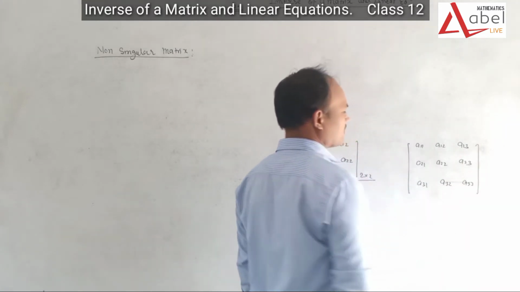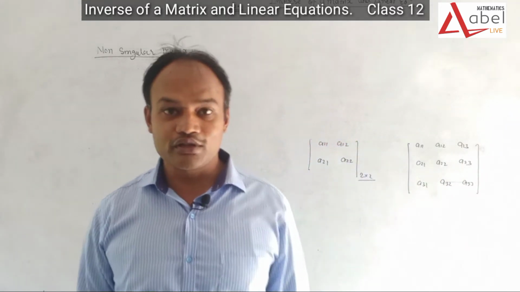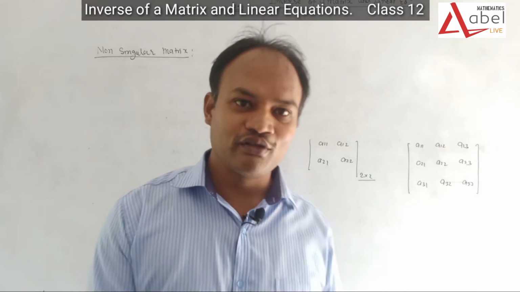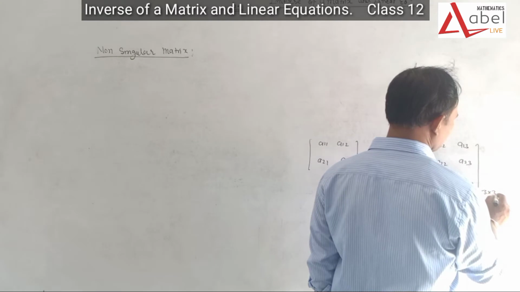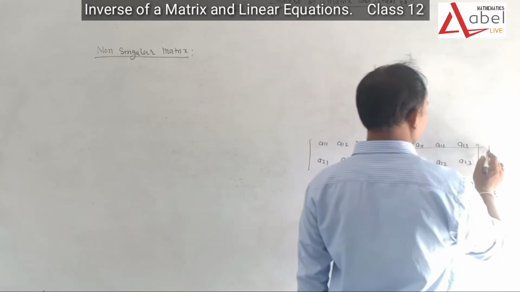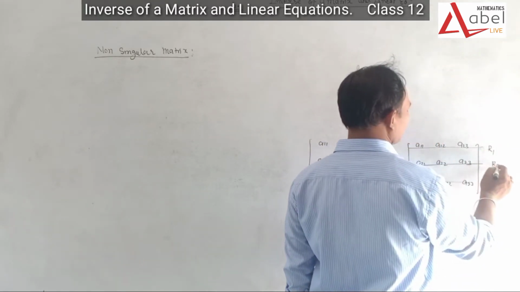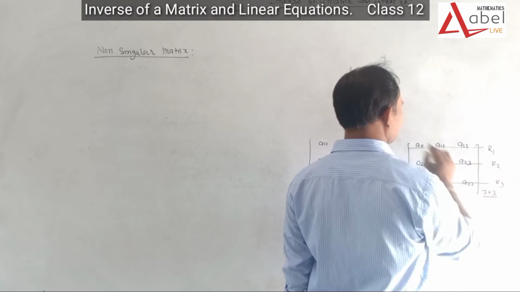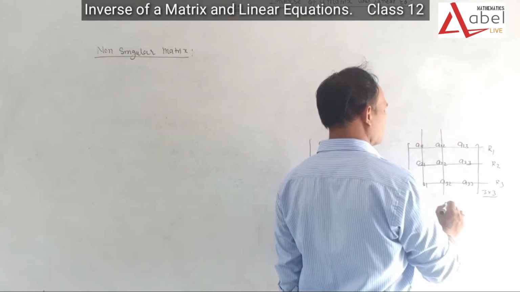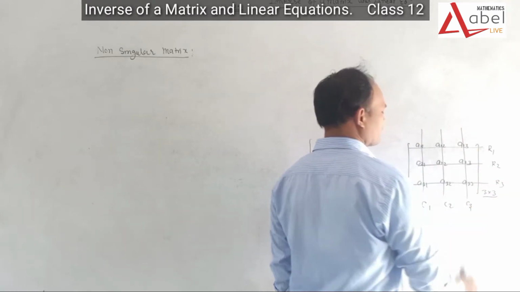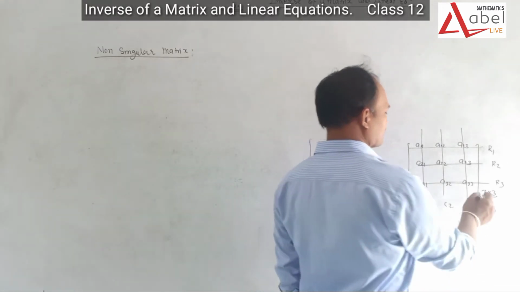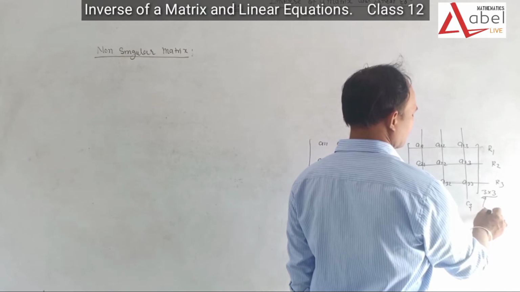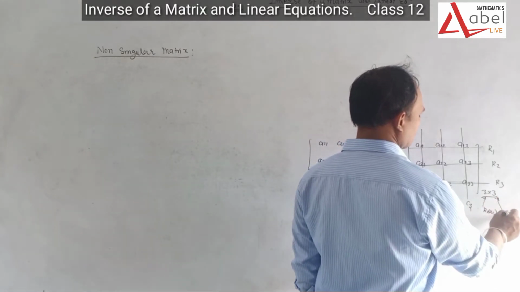This is a square matrix also. But what is the order of this? This order is 3 cross 3 because this is the R1, this is the R2, this is the R3, and this is C1, C2 and C3. So rows multiplied by columns is called the order.